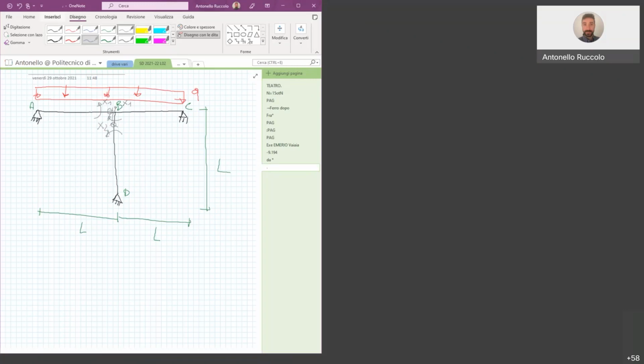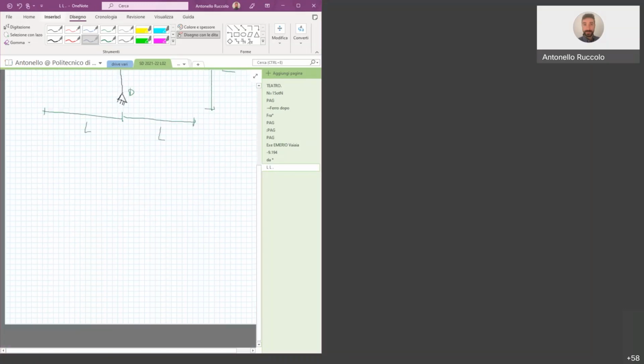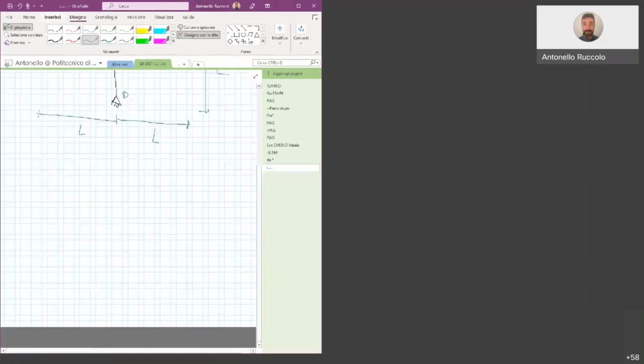So you have to work progressively removing internal restraints. In this case, it was not enough to downgrade only 1 degree of restraint, but we needed 2 degrees of restraint. So in this case, the structure is statically determined.